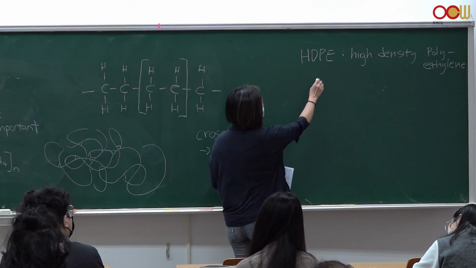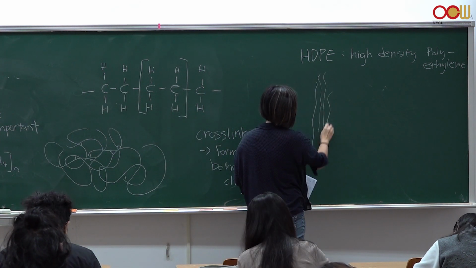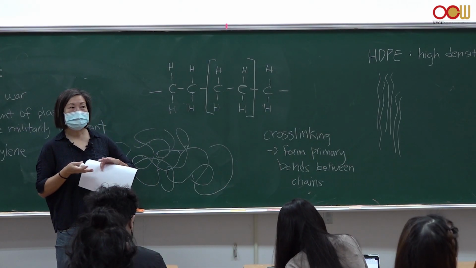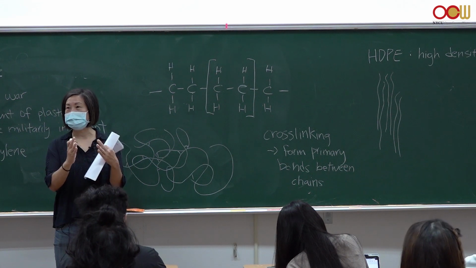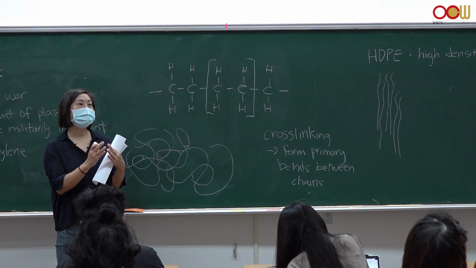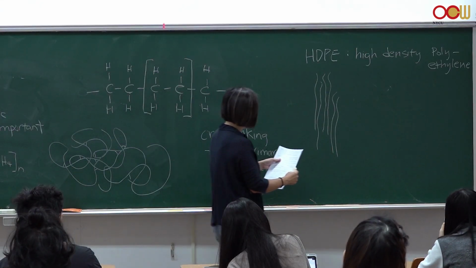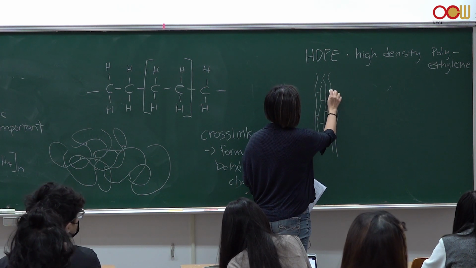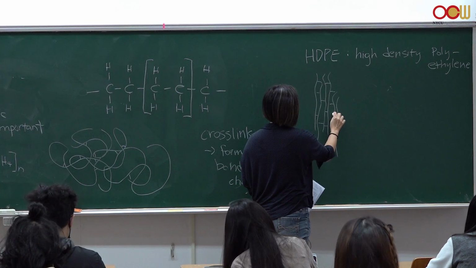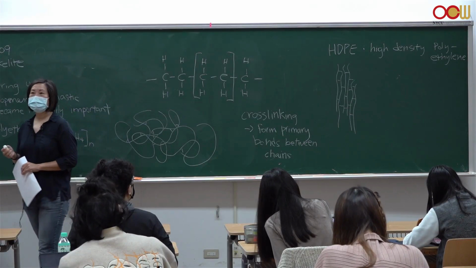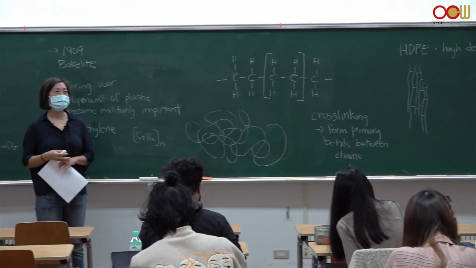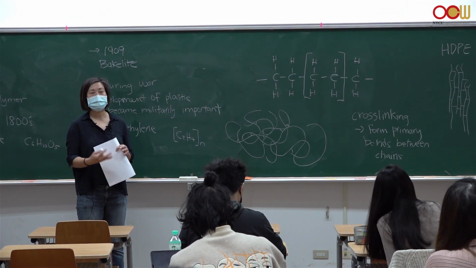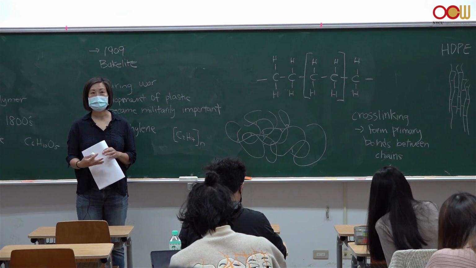And so you end up with chains like this in a high-density polyethylene. And because the chains line up, you can pack more of the chains together, so it makes it high density. And oftentimes you can cross-link it because the chains are so close to each other. You get lots of places to cross-link. And so it becomes very strong. So high-density polyethylene usually is not that flexible, but it has much higher strength than low-density polyethylene.